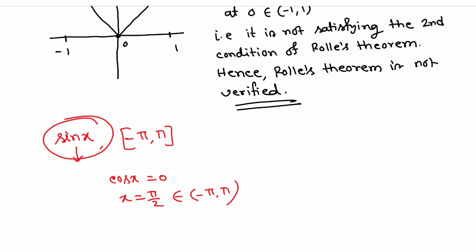Now let's take another example. Suppose x cube minus 4x, and the interval is given minus 2 comma 2.